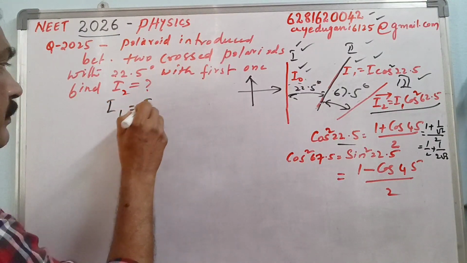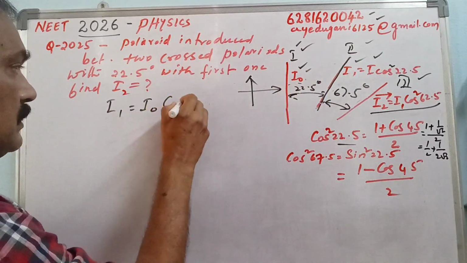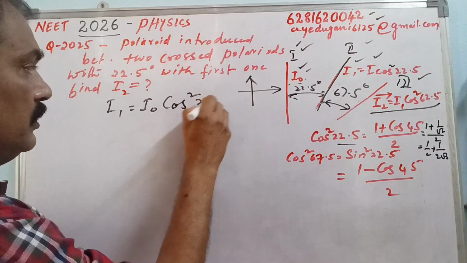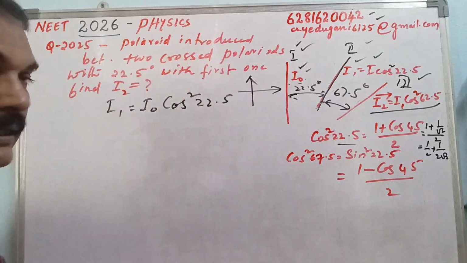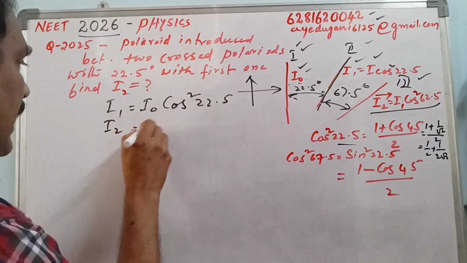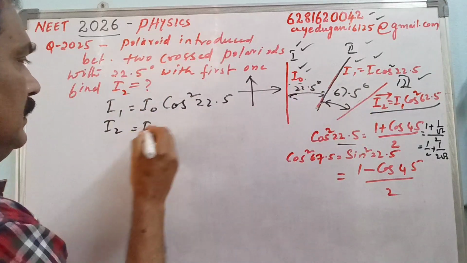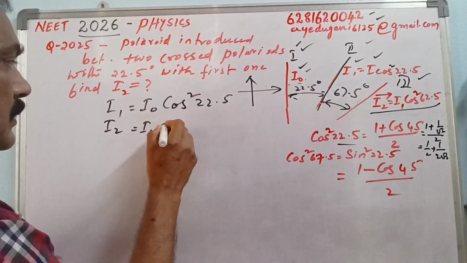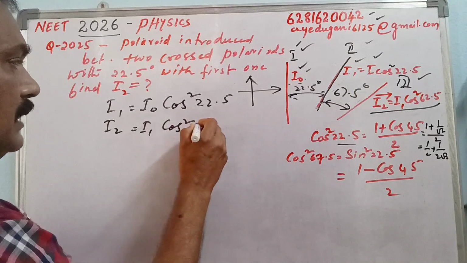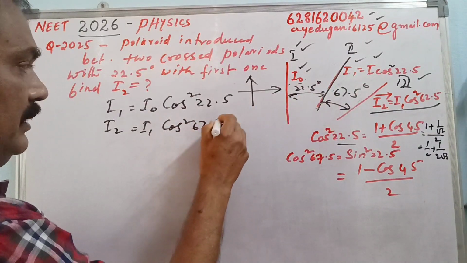I1. I1 will become I0, the intensity coming out from the first one, cos square theta. Theta is how much? 22.5. Right? This is the one. Then next I2 is again I1, because this intensity is entering this. So I1 cos square, again the same formula, but the angle is 67.5.